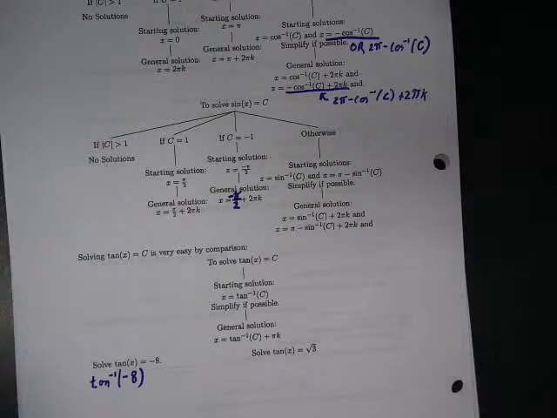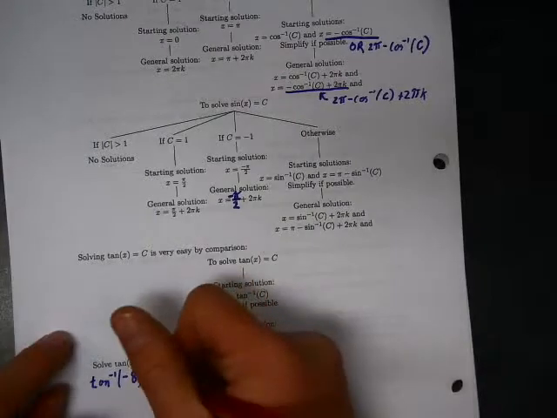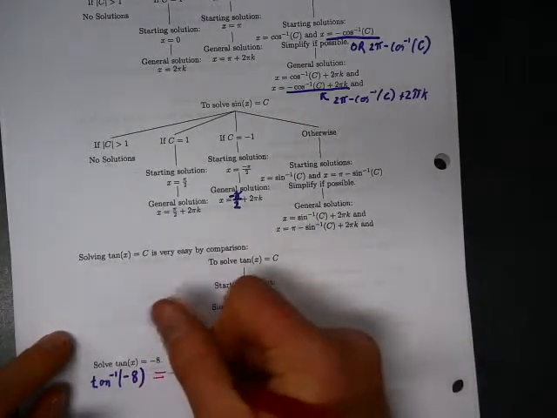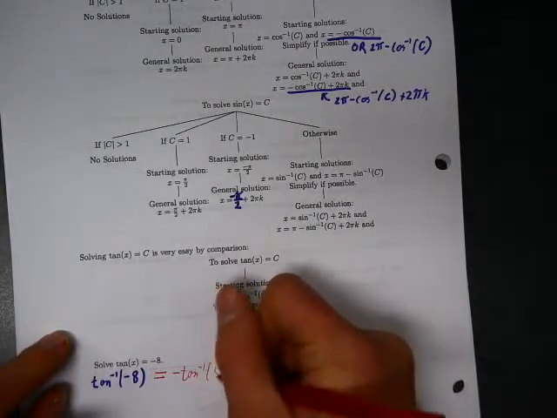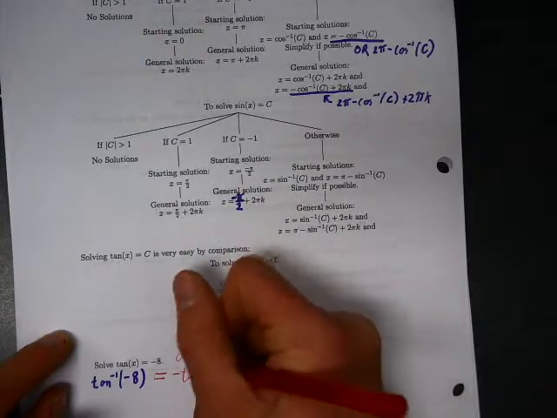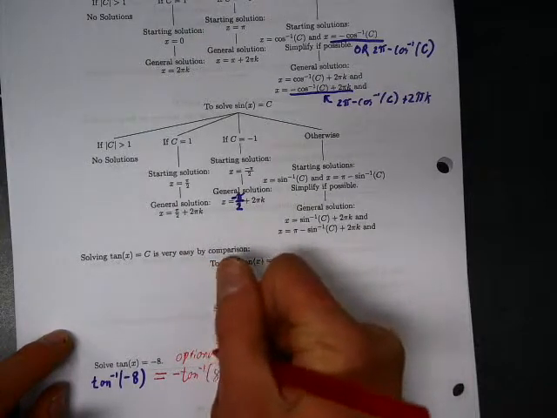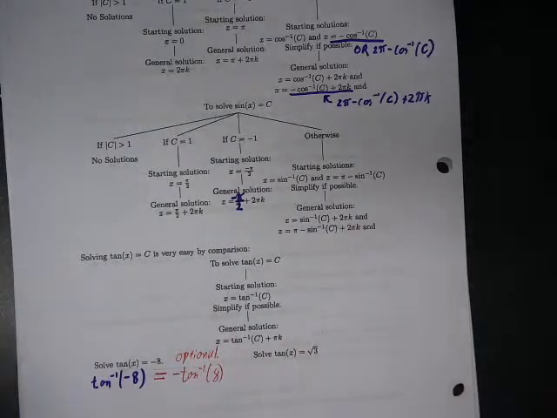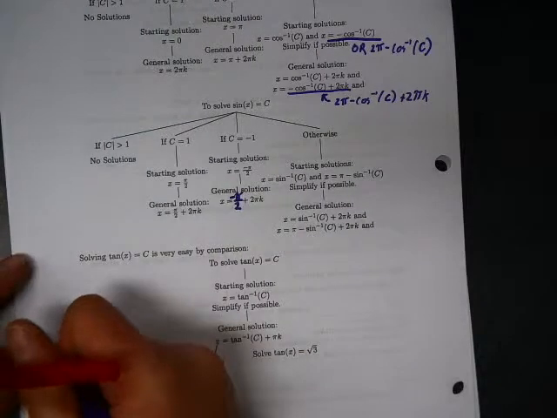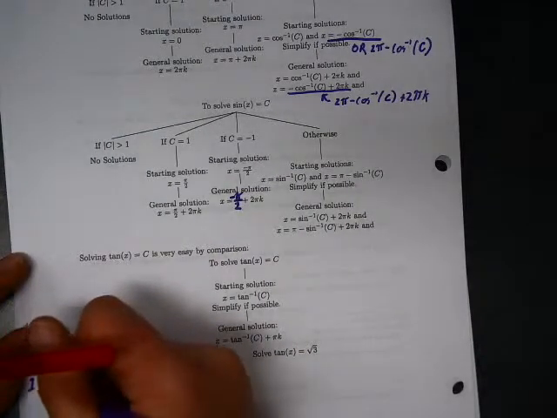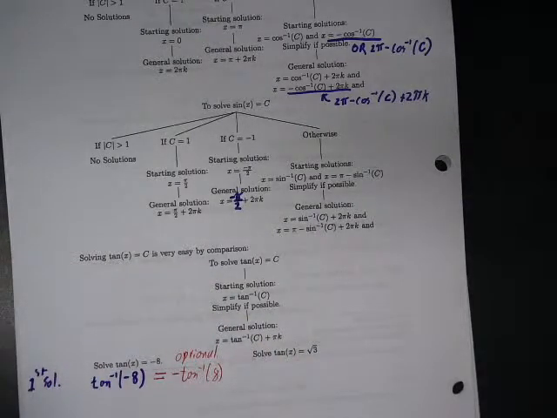So what can I do with this negative 8 inside of the parentheses? I can pull it out, right? So here's one optional simplification. So there's the first solution. Inverse tangent of negative 8 or negative inverse tangent of 8.